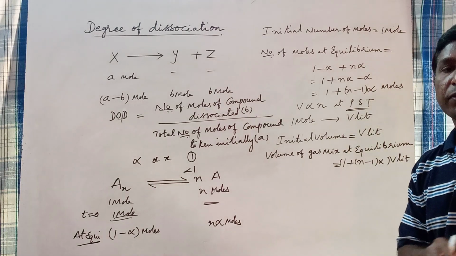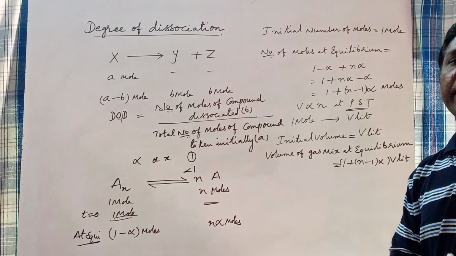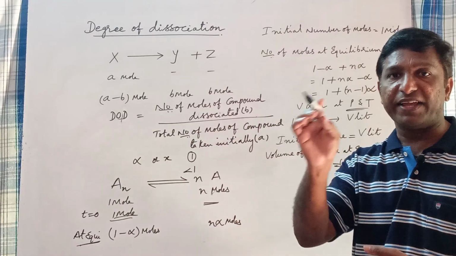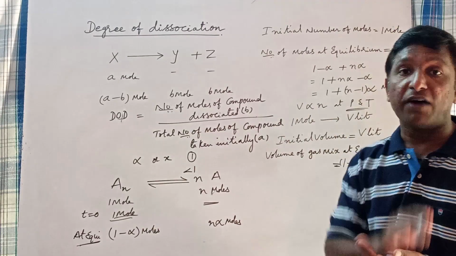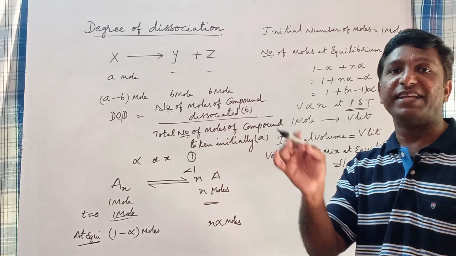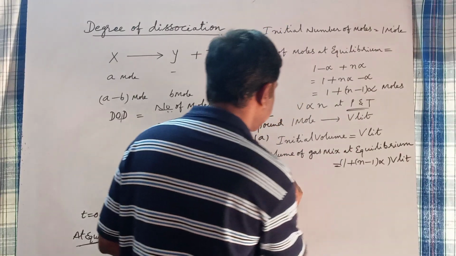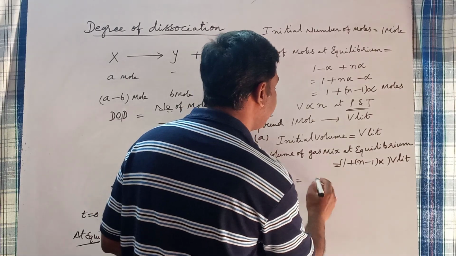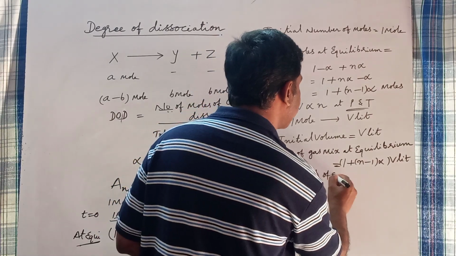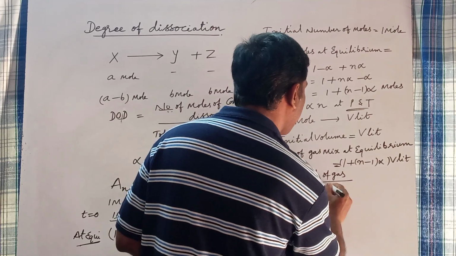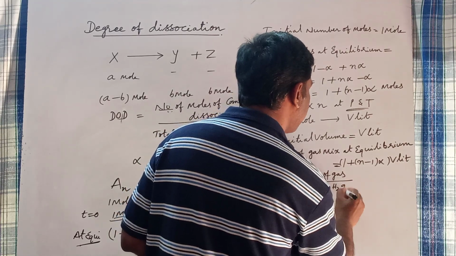Now, we know the vapor density. What is meant by vapor density? It is the ratio of the density of a gas to the density of hydrogen gas under similar conditions of temperature and pressure.